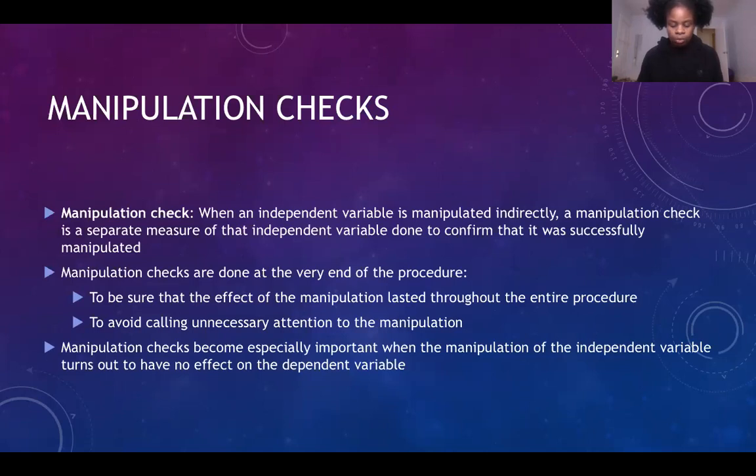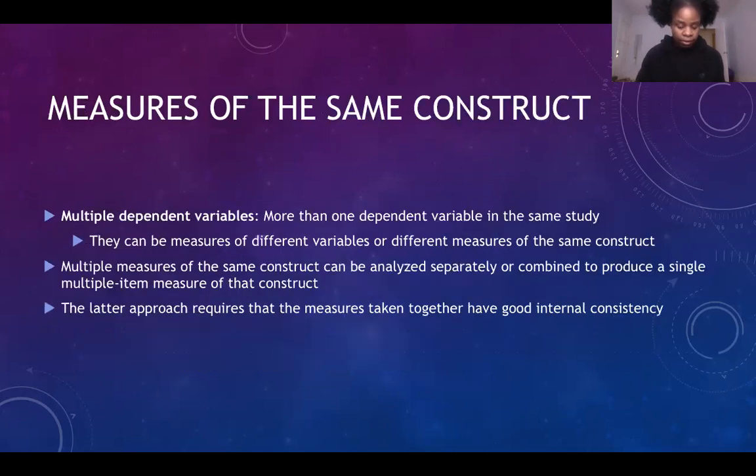One common approach to including multiple dependent variables is to operationally define and measure the same construct or closely related ones in different ways. When you have multiple dependent variables that are different measures of the same construct, one often has the option of combining them into a single measure of that construct. However, it's important to make sure that the individual dependent variables are correlated with one another.